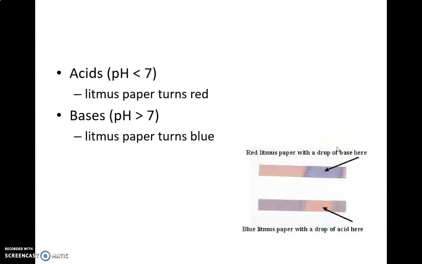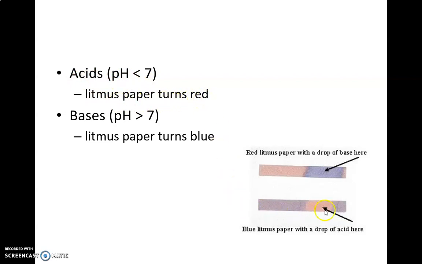And something else that you need to know as it relates to acids and bases is this thing called a litmus test. Now, litmus paper reacts with acids and bases really well, and it's designed to give a color change. So all you need to know for this is that when we're testing litmus paper in acids, so substances that have a pH of less than 7, the litmus paper is going to turn red.